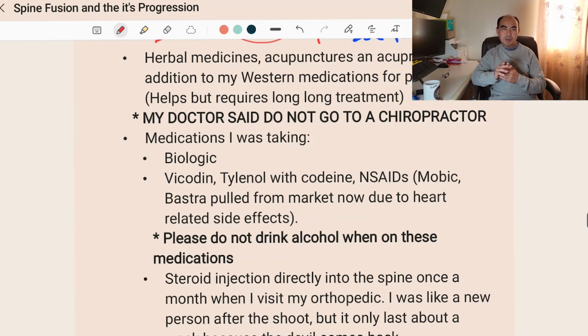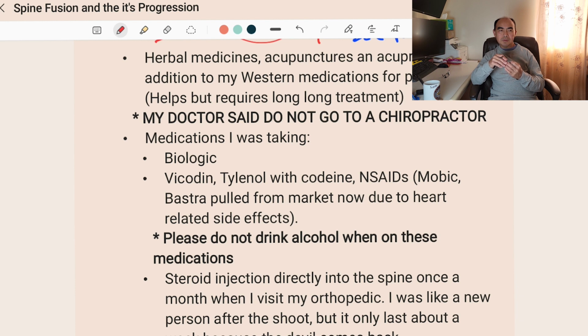Herbal medications. I have tried herbal medications a lot, and another name for that is more like Chinese medicine. I have seen many Eastern doctors, multiple here in America as well as overseas.